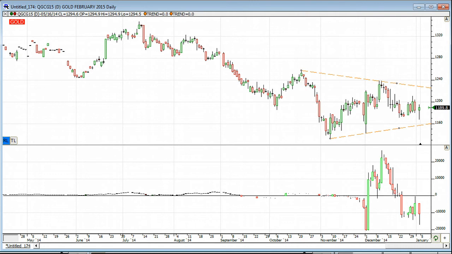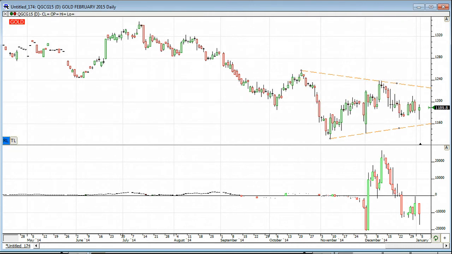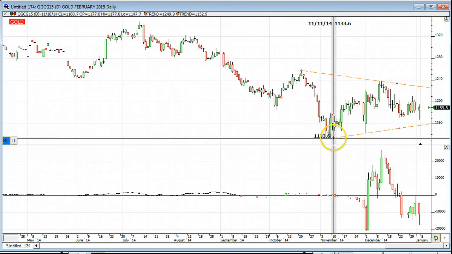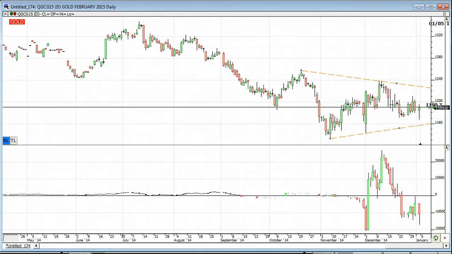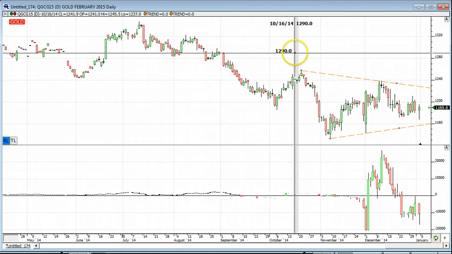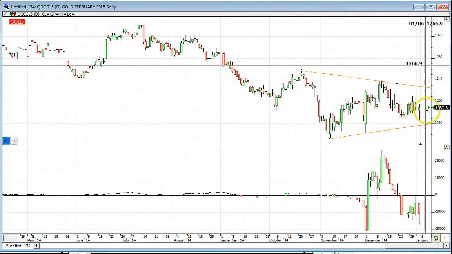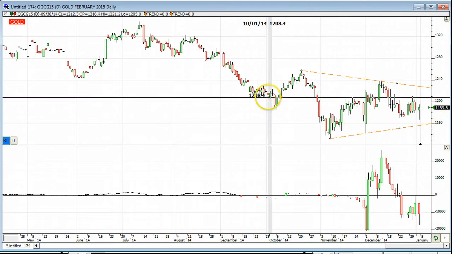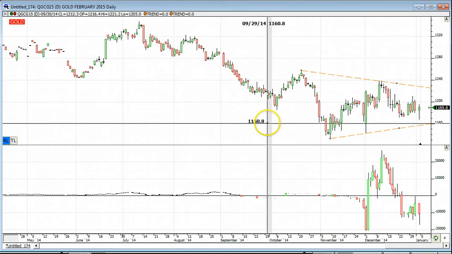And as you can see now, we are dealing with a symmetrical triangle, basically with higher lows and lower highs. So whichever side of these two parameters it exits, the move should be quite violent.